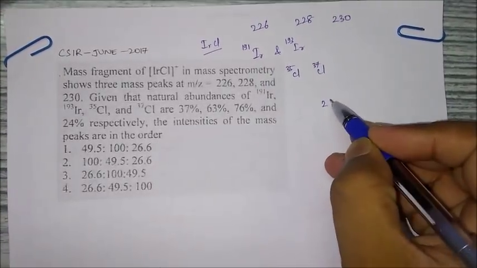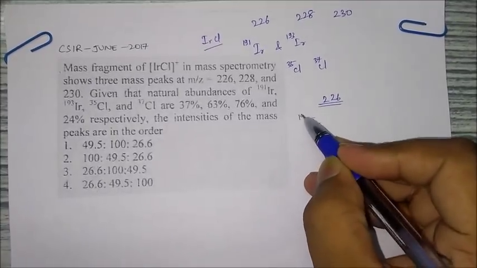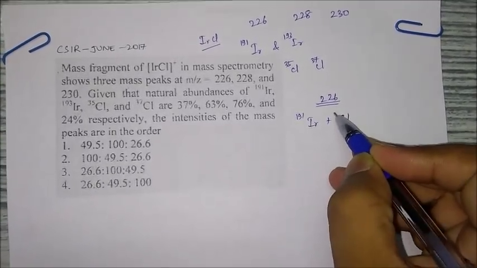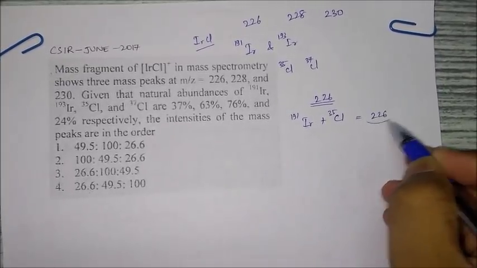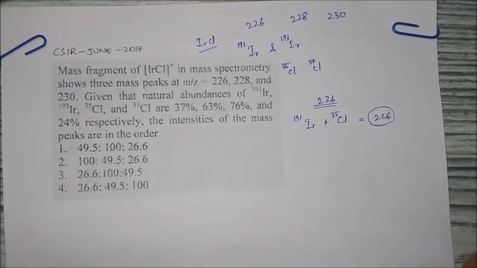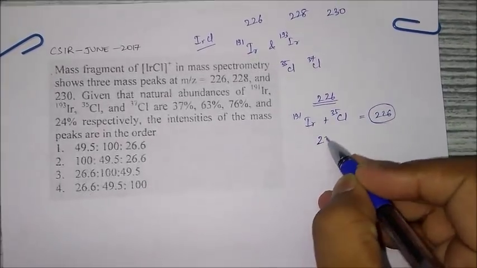So for 226, I have done it, and I will just tell you that if you take Ir 191 and Cl 35, if you add these two, you will get 226. This is the only way of getting 226. Now let's check for 228.